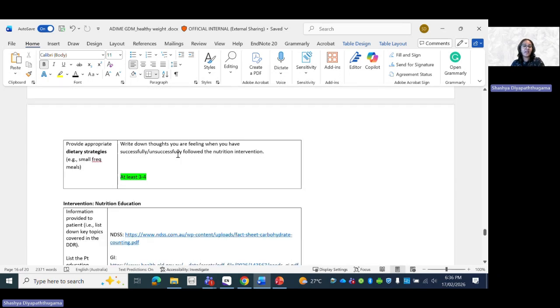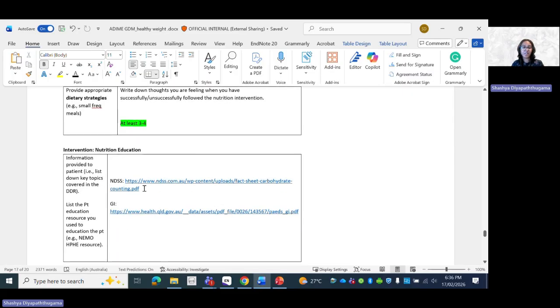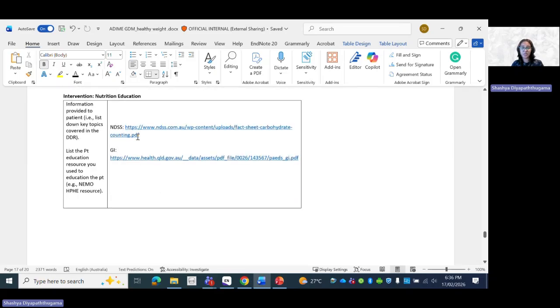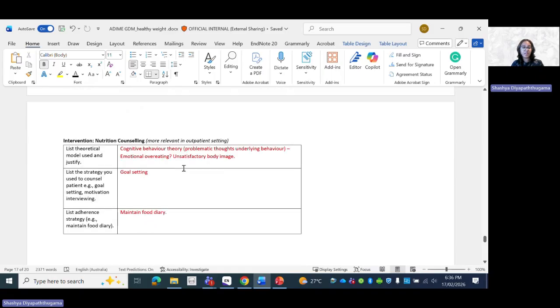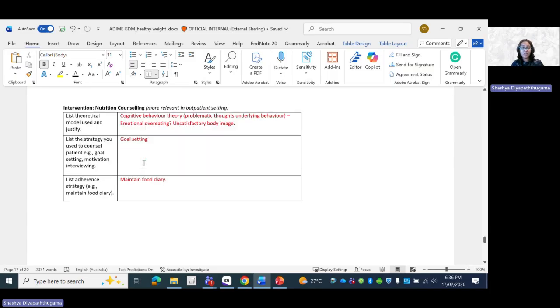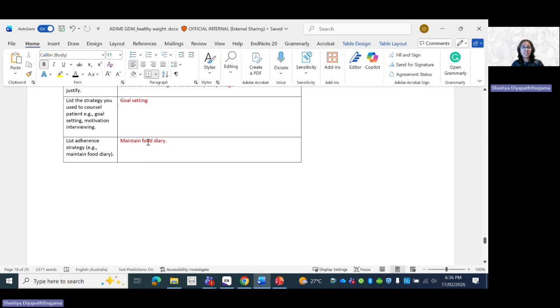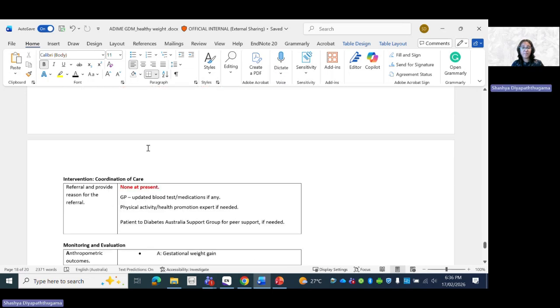And again, appropriate dietary strategies. You can provide the thoughts that you're feeling when you have successfully or unsuccessfully followed the nutrition intervention. And I've added some of these links that would be helpful in nutrition education in here. Then for nutrition counseling, you can think about other things like cognitive behavioral theories, goal setting, and maintaining food diaries.